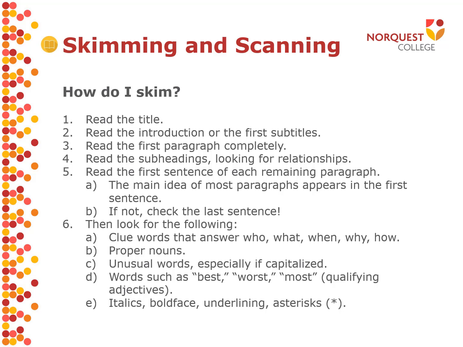Should also look for unusual words, specifically if they're capitalized, because there's a good chance those are important or new words. Should also look for words such as best, worst, or most, because these will be making larger qualifying statements. We should also look for things that are in italics, bold-faced, or underlined, or have asterisks, those little stars beside them, because these are ways the author is showing us that something's important.